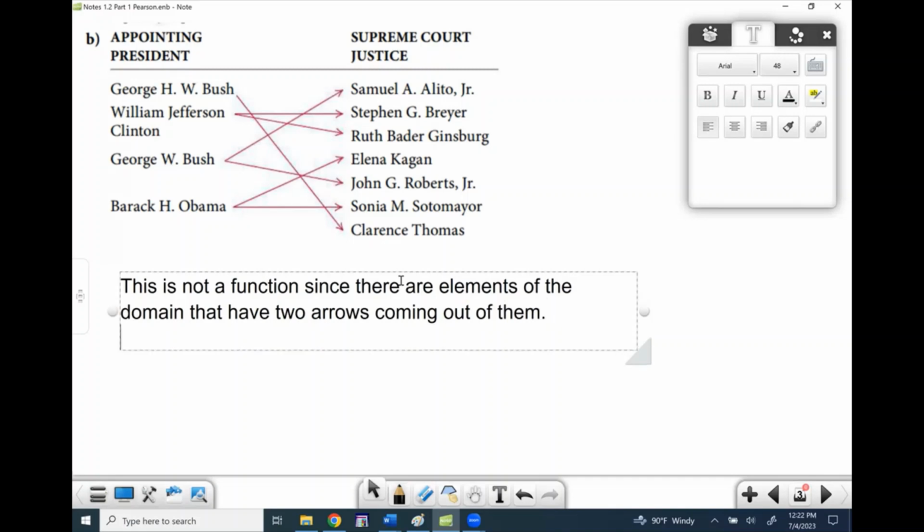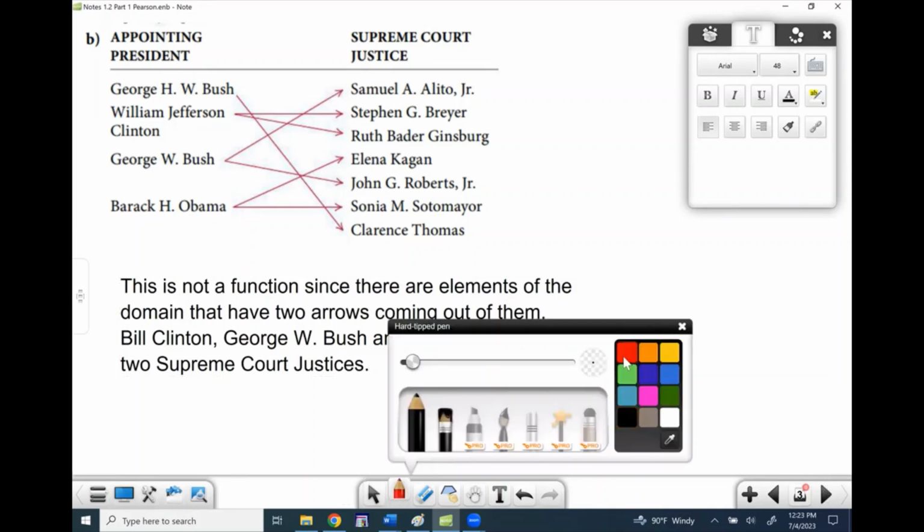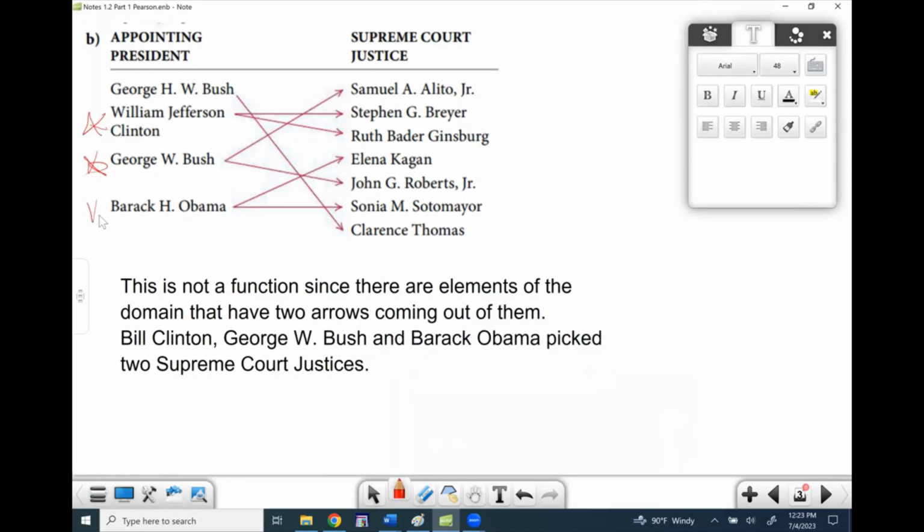Bill Clinton, George W. Bush, and Barack Obama picked 2 Supreme Court justices. And let's just highlight what the problems are. So the problems are going to be this one, and that one.